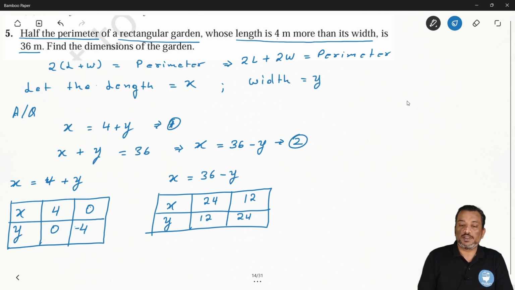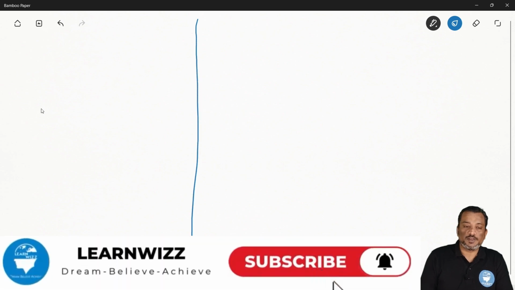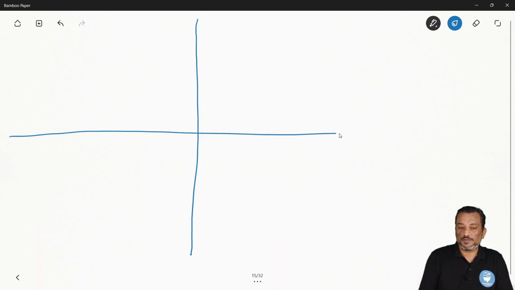Now you have both solution sets, and we have to draw the graph. We will draw it fresh because the graph will come out bigger. This is your y-axis, this is your x-axis, and make sure your graph fits properly.